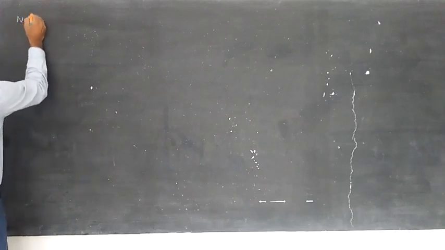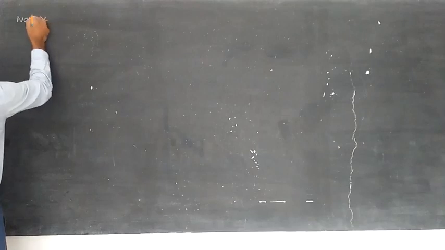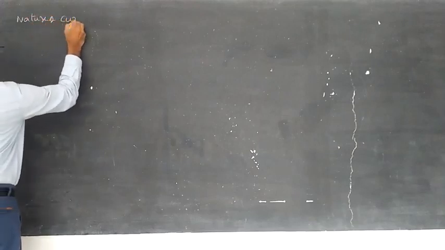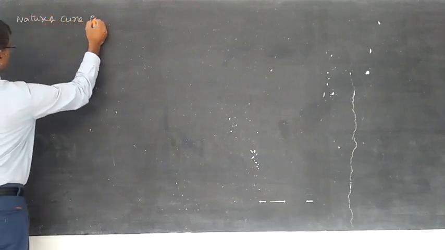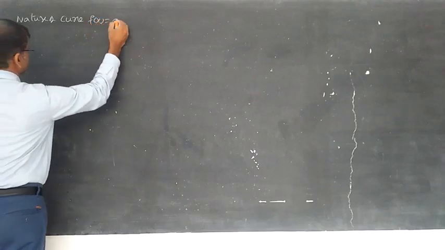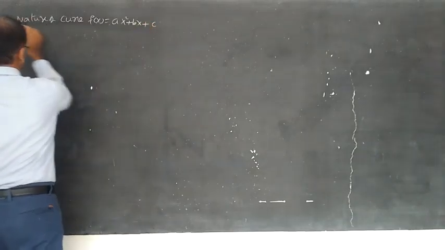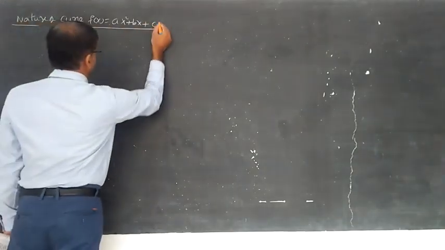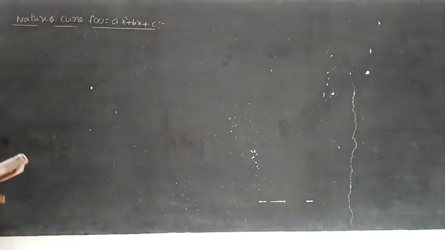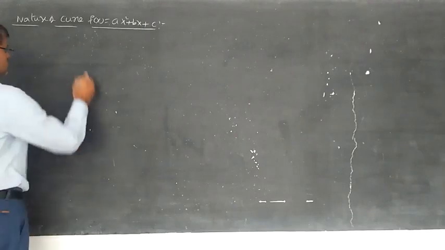Nature of the curve f of x is equal to ax square plus bx plus c.